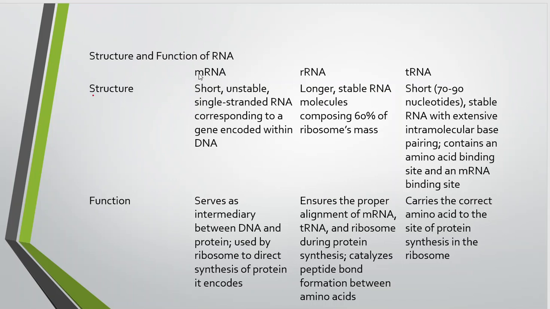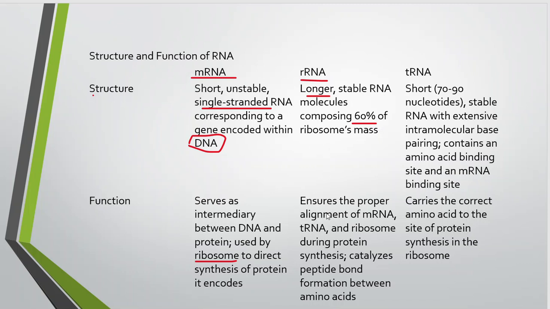Okay, structure. The mRNA is short, unstable, single-stranded. It's a copy of the gene from the DNA, and it's what the ribosomes use to make sure that they put the amino acids in the right order. This guy is a lot longer lasting because he's actually part of the ribosome, and so he needs to be persistent.